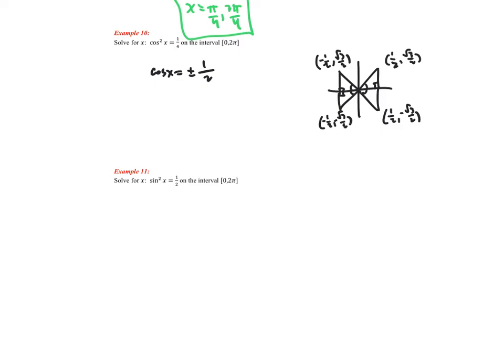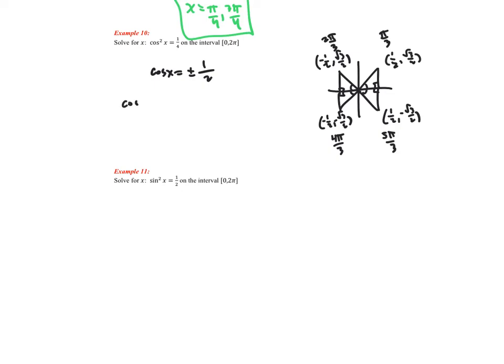So these are all 60-degree angles, these reference angles. This angle right here, the angle of rotation in quadrant 1, would be pi over 3. I would have a 2 pi over 3 in quadrant 2, a 4 pi over 3 in quadrant 3, and a 5 pi over 3 in quadrant 4.